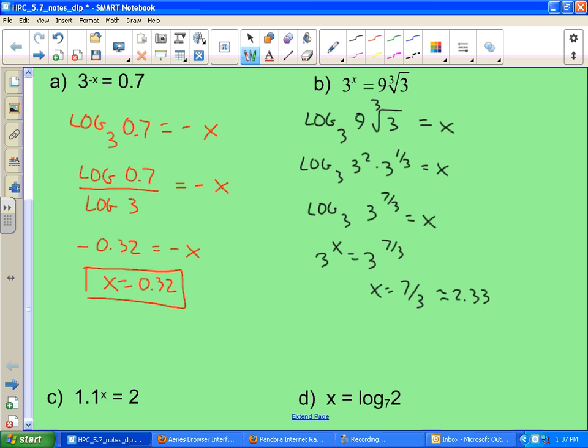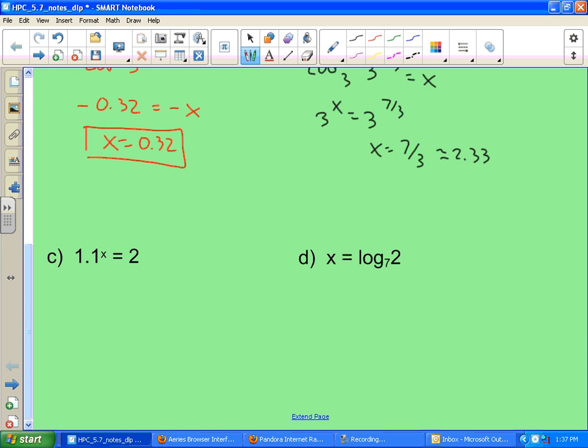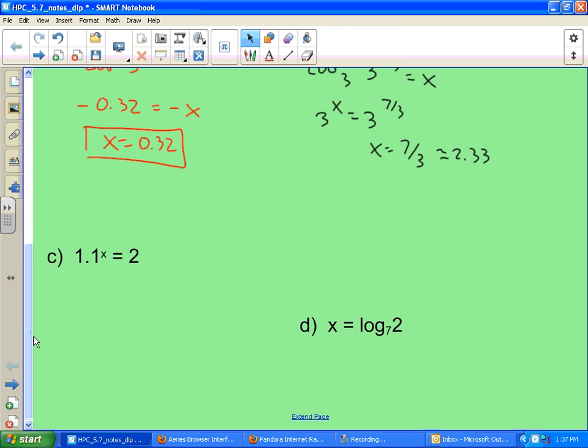Now there's another way to do it, using properties of logarithms. And that is to recognize that 9 times cube root of 3 is a product property. And it can be separated into log base 3 of 9 plus log base 3 of cube root of 3. So here, let's move this in.